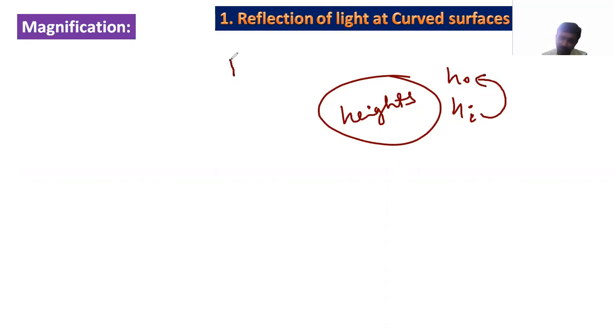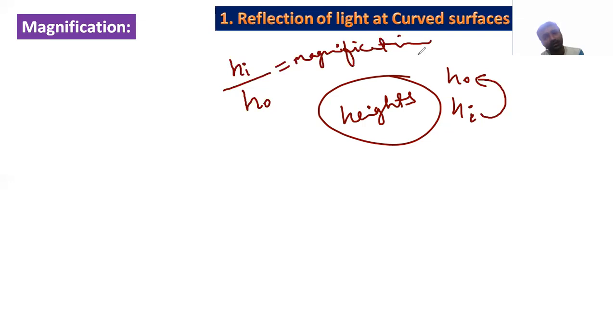The one being compared is taken as the numerator, and the one we are comparing with is taken as the denominator. This ratio is defined as magnification. Magnification is equal to hi by h naught.